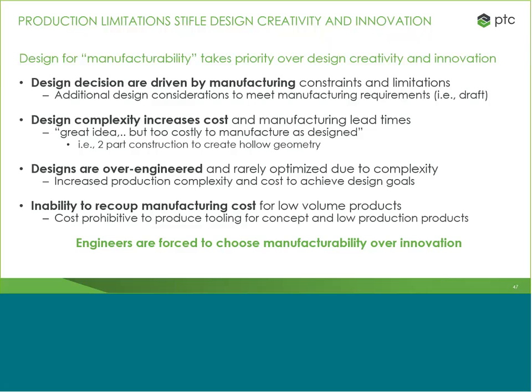So what engineers typically do is, you might have a great idea to make it lighter, make it hollow, but you just can't do it because the manufacturing costs are too high. So what ends up happening is we typically over-engineer products. We don't optimize them as much as we would like to because we know our manufacturing processes don't support making the product as cost-effectively as we would like.